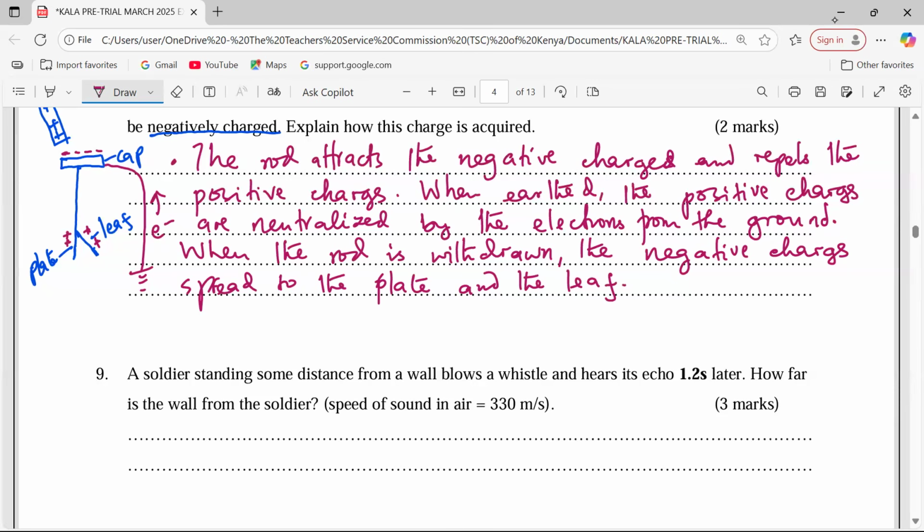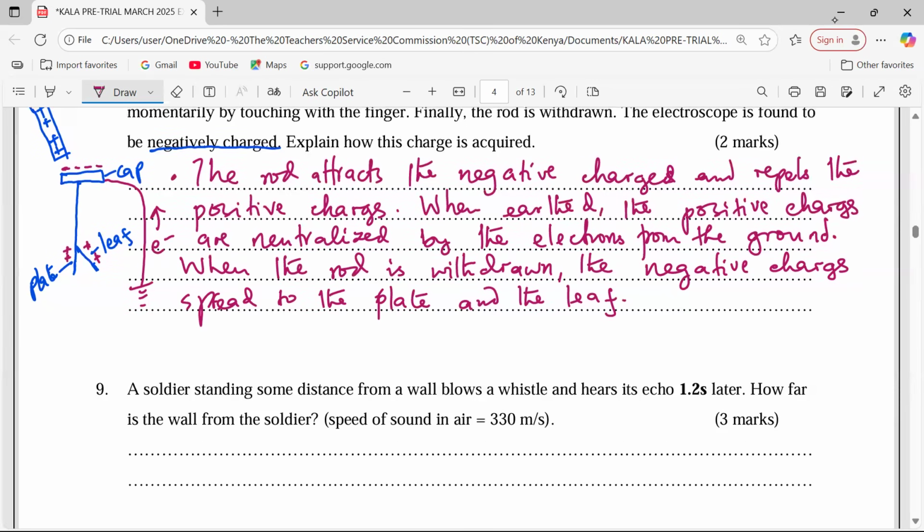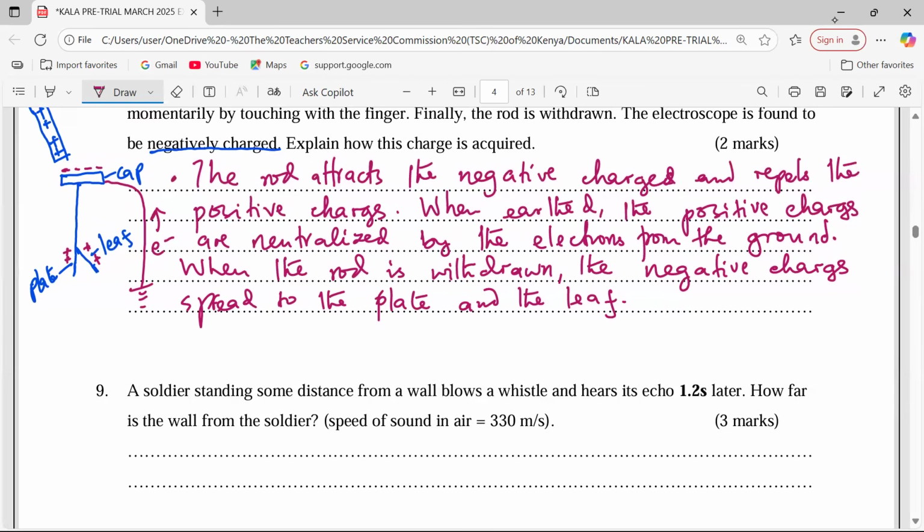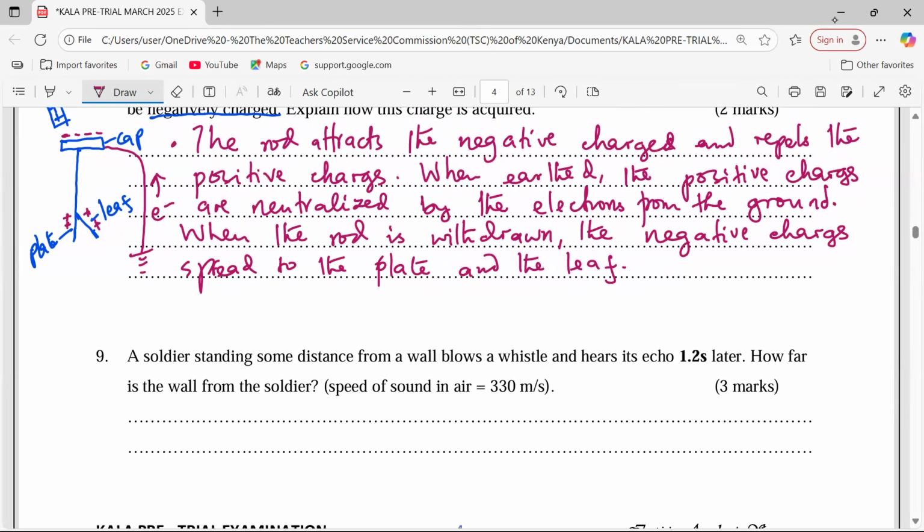So the electroscope shall become negatively charged. And that is why there will be some divergence at the leaf of the electroscope.